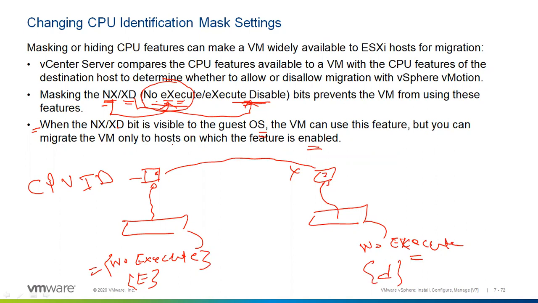Simple. The second case is if on this VM we have disabled this masking. If on the VM level we have disabled this masking, it means it will not care whether the underlying configuration is a match or a mismatch.